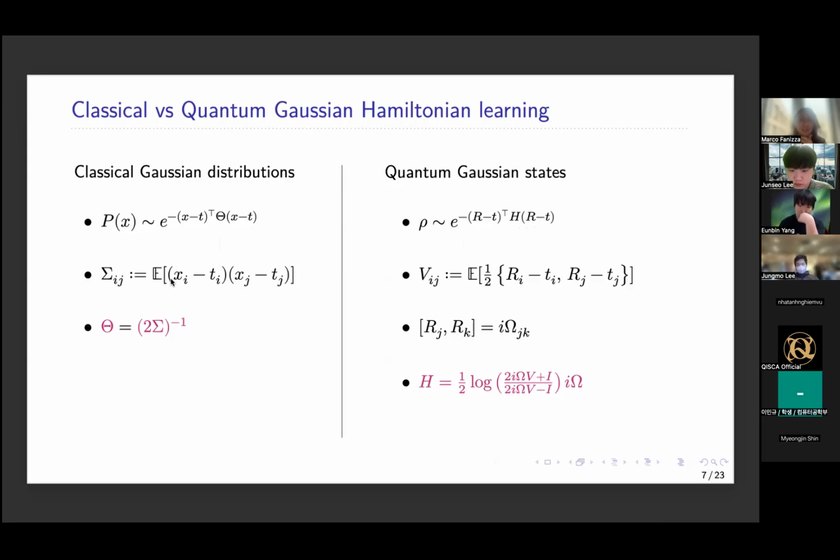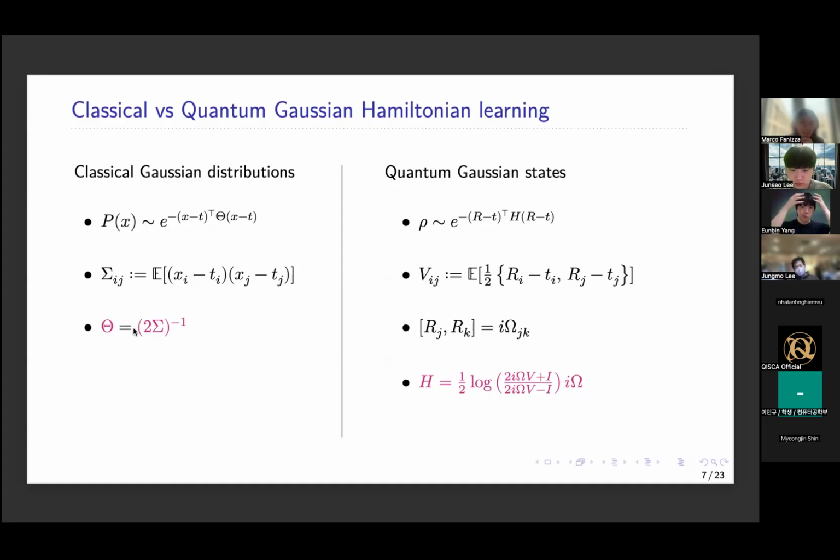The covariance matrix in the classical case is defined as the matrix of the second moments, and this is the analog of the quantum covariance matrix, which is obtained from the anti-commutator.